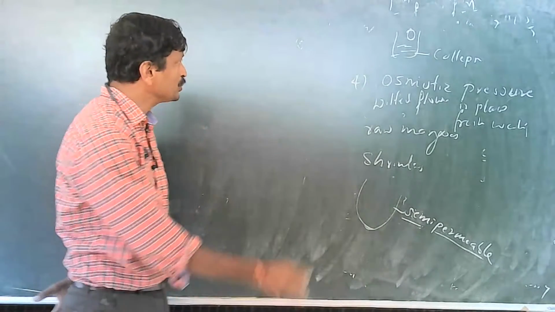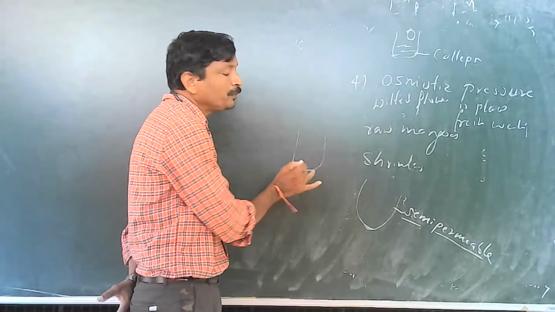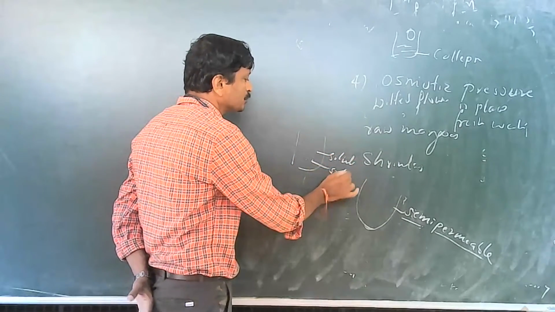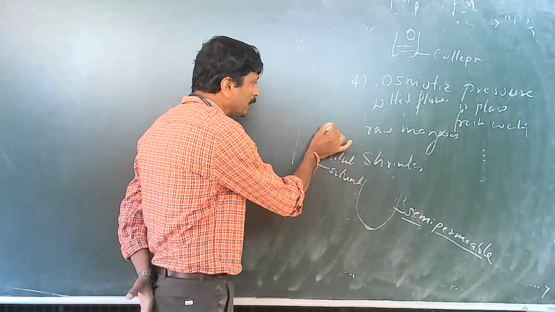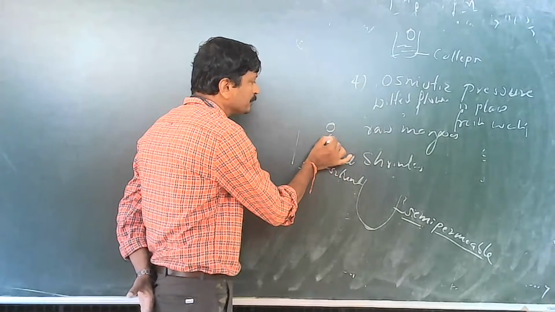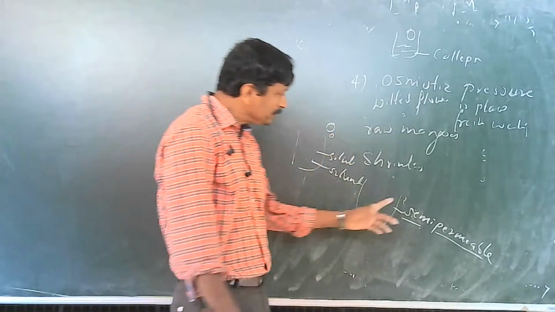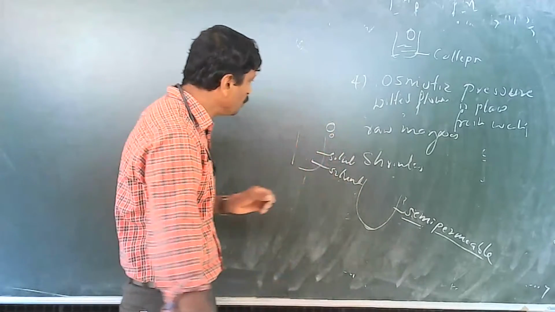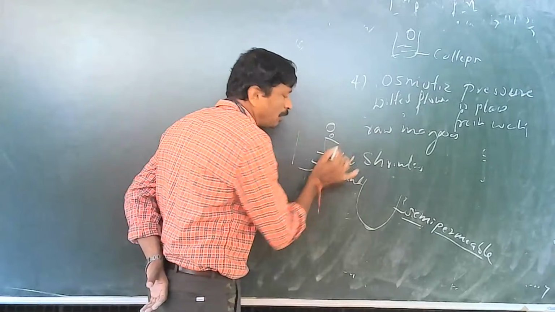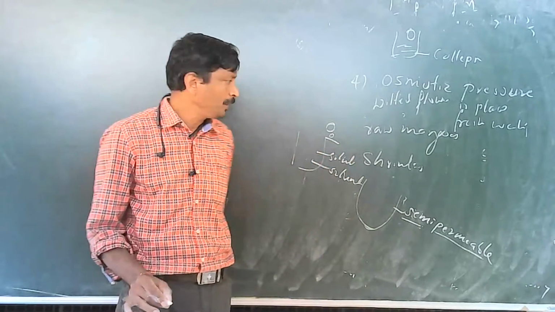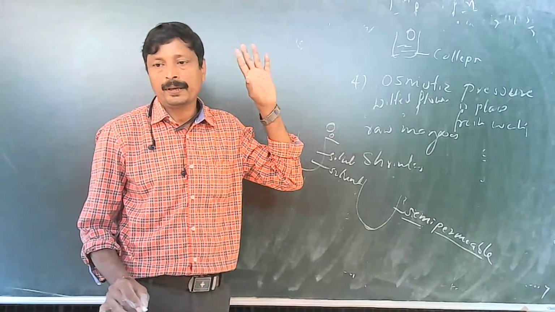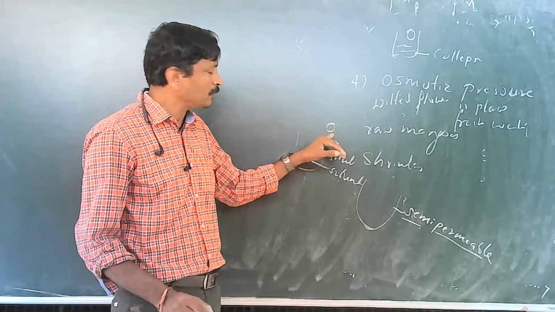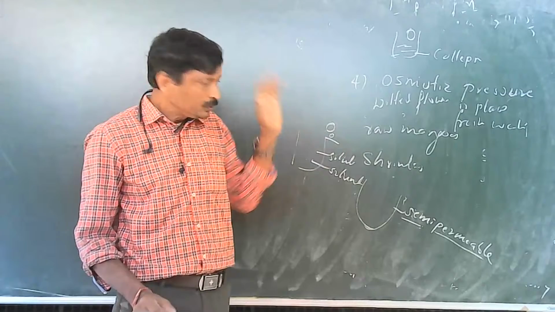In a solution you have two components, a solute and a solvent, and the solute particles are a little bigger than the solvent. The membrane has such small pores that it only allows the smaller solvent particles, not the bigger solute particles. That means through this membrane, only the solvent particles can move.